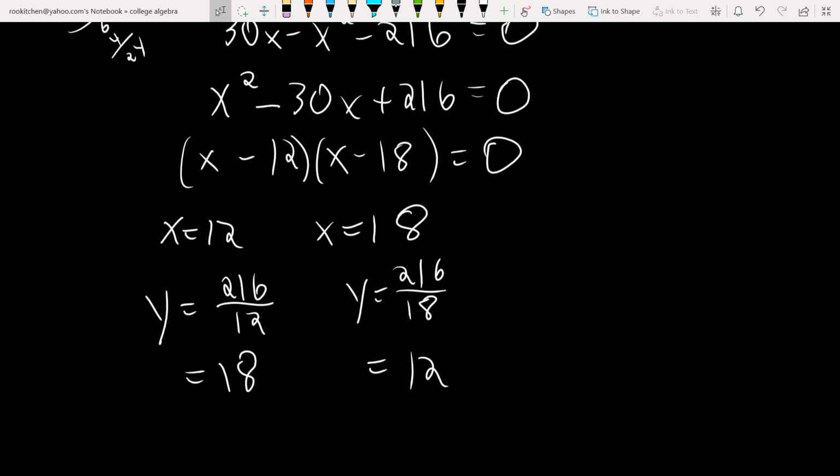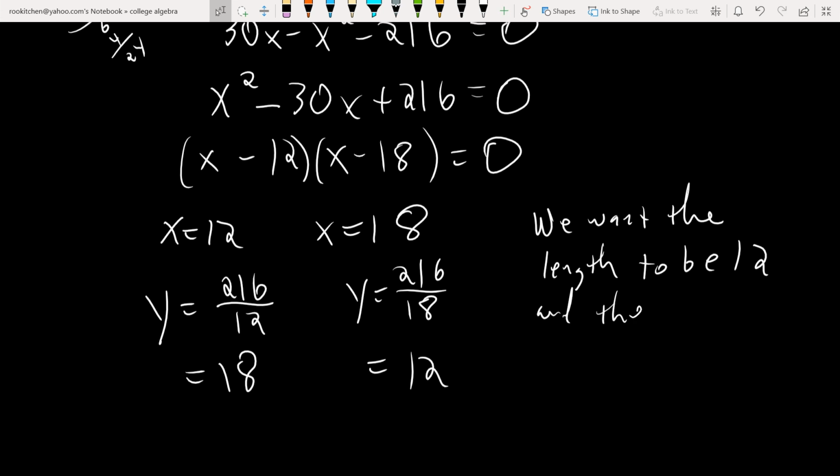So we want the length to be 12 and the width to be 18. I think these are in inches, so 12 inches and the width 18 inches.